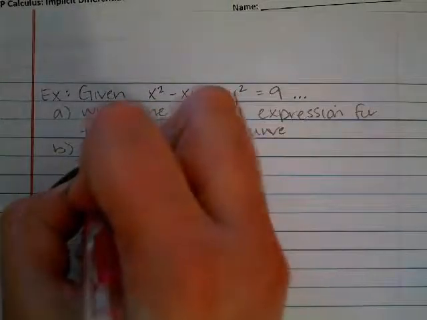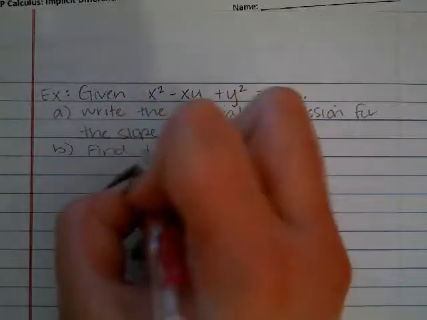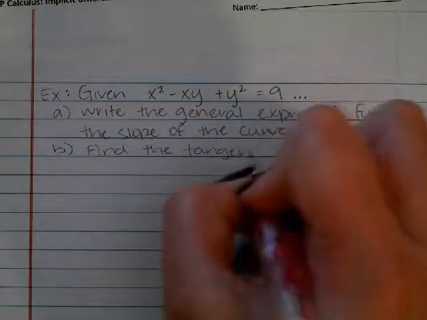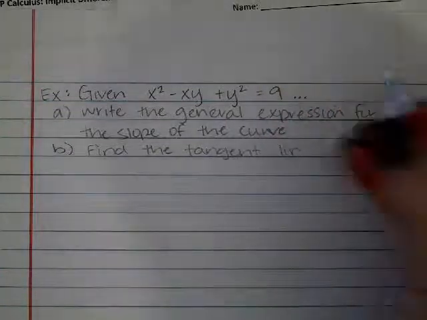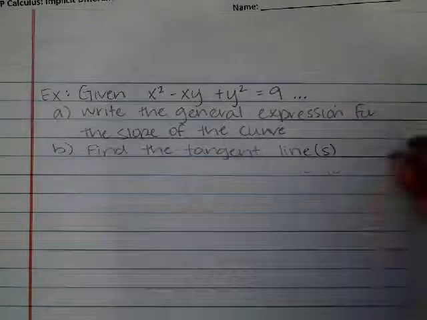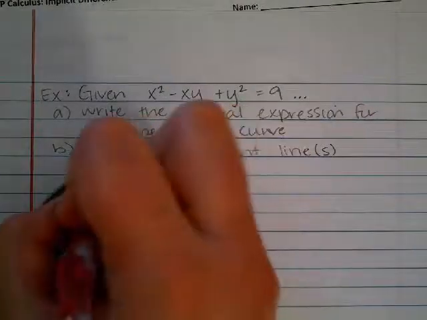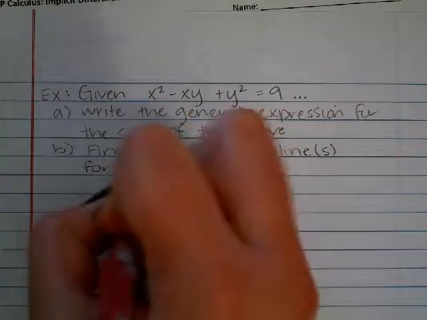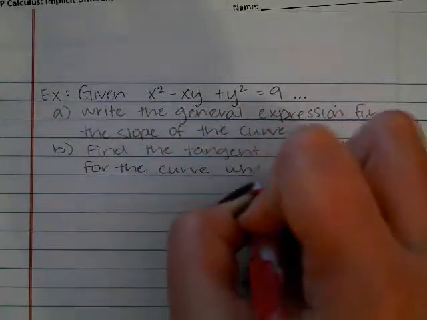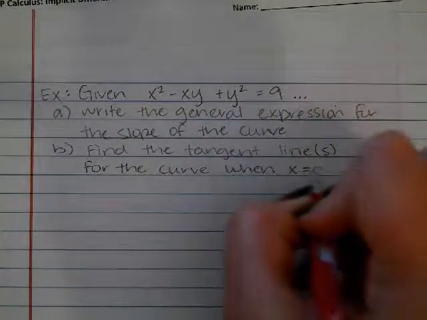We're going to find the tangent line or lines for the curve when x equals 0.